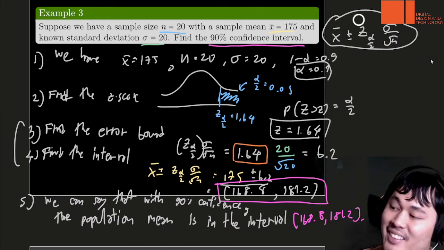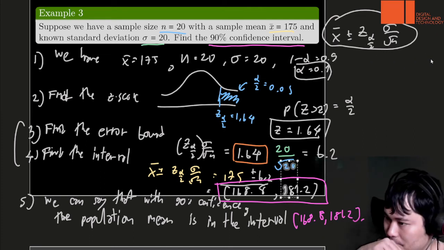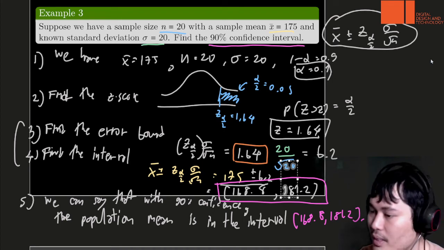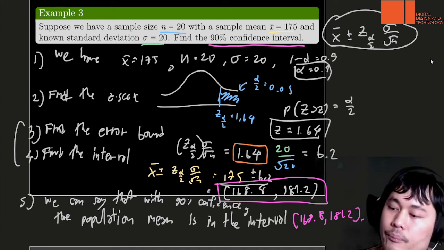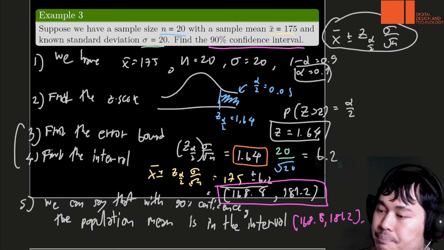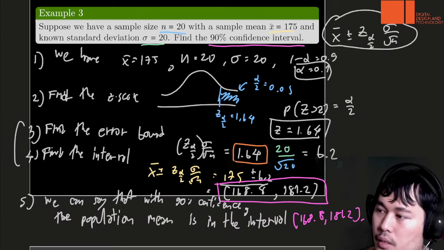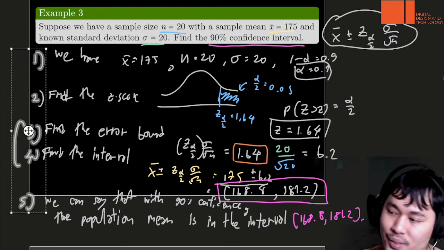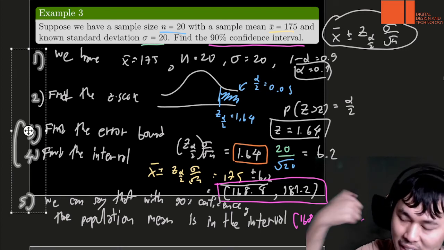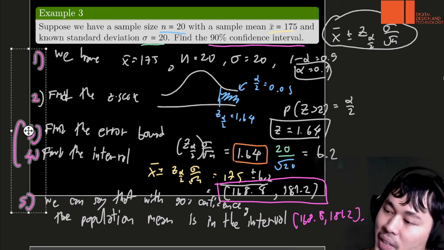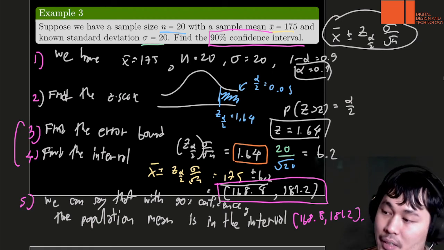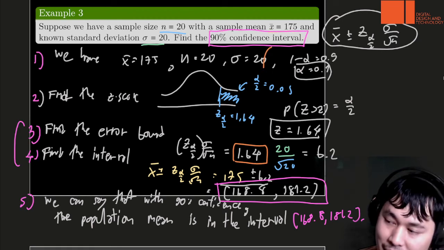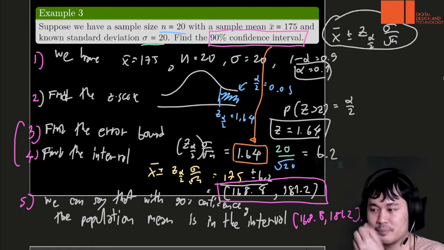Again, it's just a single formula, but it can be broken down into small steps. So this is the way to solve it in detail. And in future, whenever you want to compute a 90% confidence interval, you can just use 1.64.